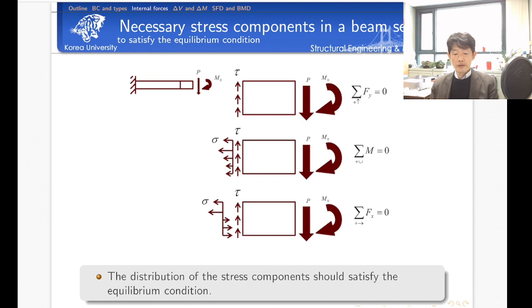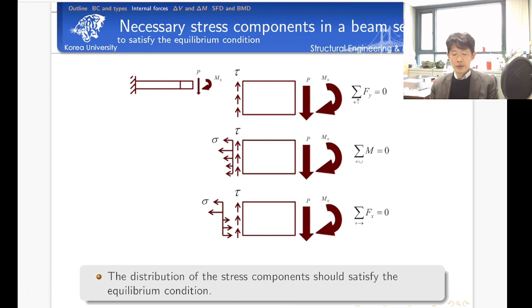Because the overall system is in static equilibrium, even a small segment of the beam must be in equilibrium, isn't it? So let's zoom in on this small part. We consider the bigger part, such that here we check the force equilibrium condition to be satisfied.